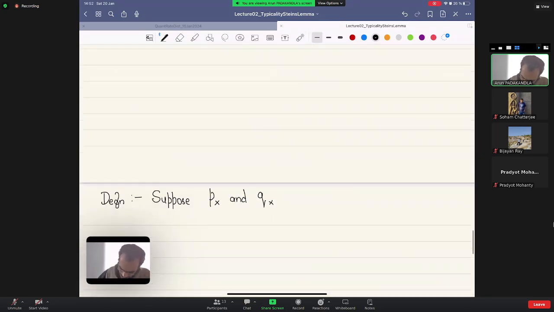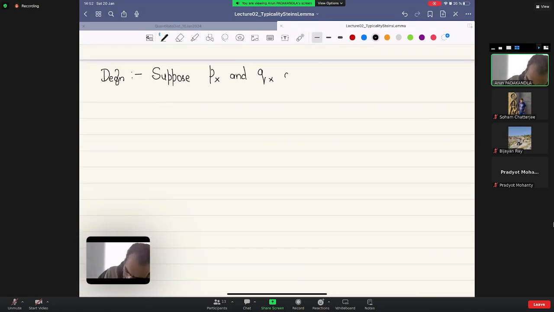Okay, so suppose P(x) and Q(x) are probability mass functions on X, then there are multiple definitions here depending on which area you see this definition in.